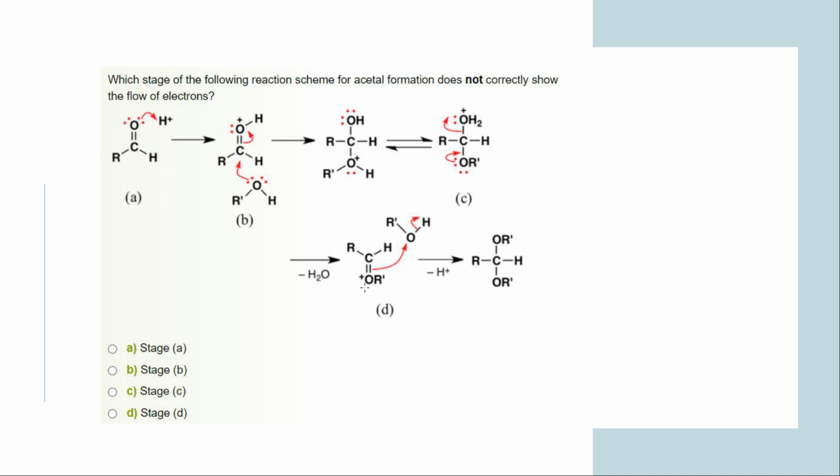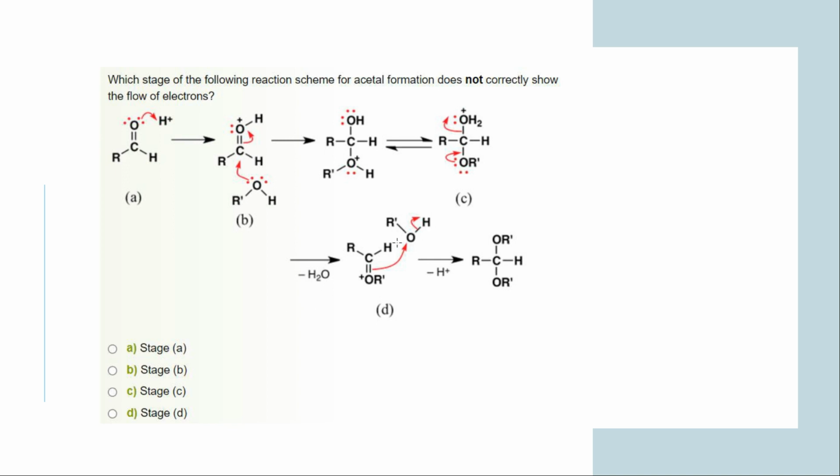So what is happening in step D? Let us see. This is now positively charged and you need electron movement towards this oxygen atom so that it can get neutralized. For acetal formation at this step, you need the second molecule of alcohol.